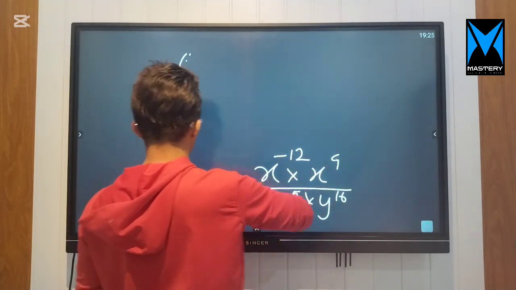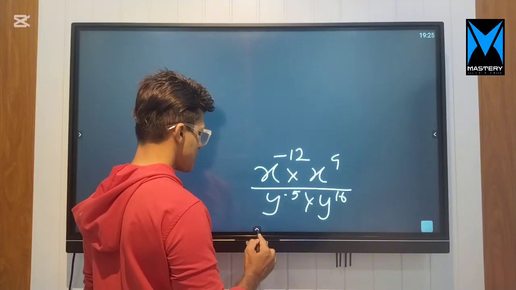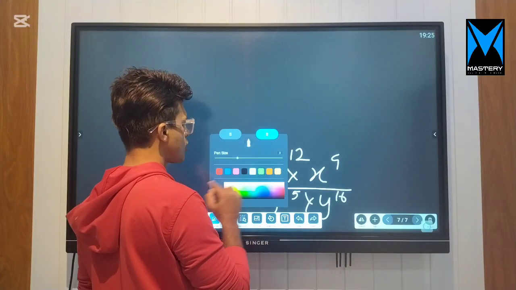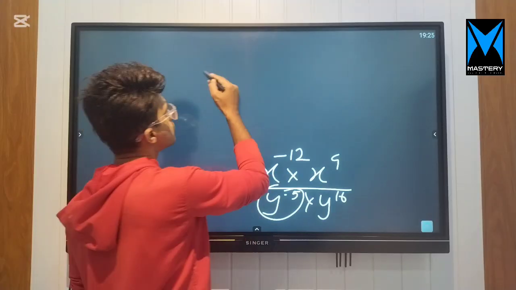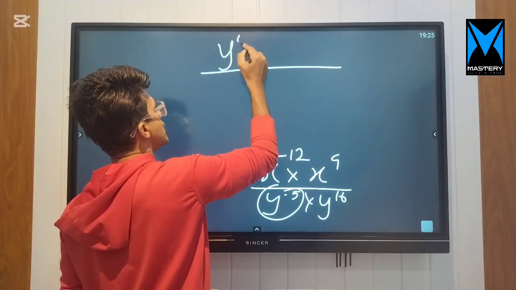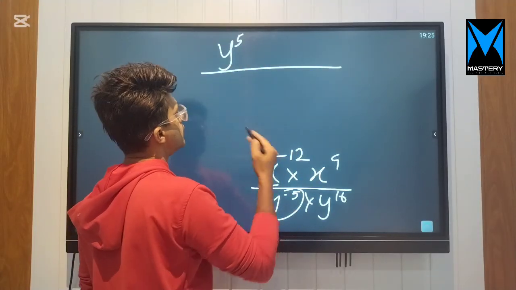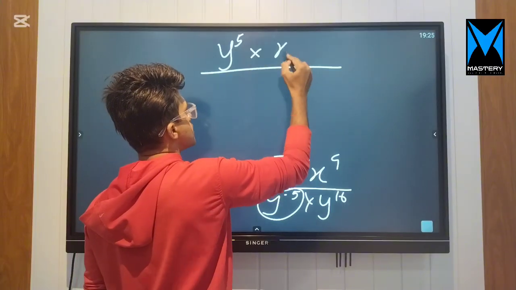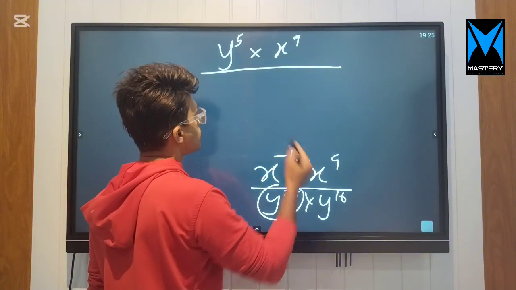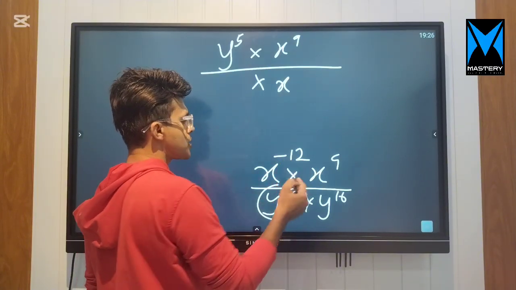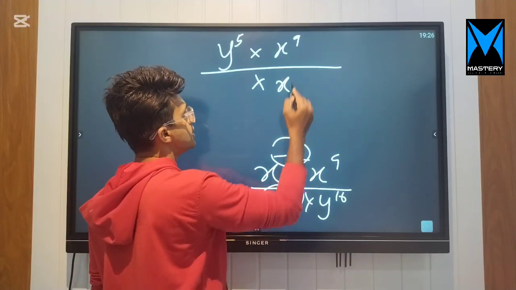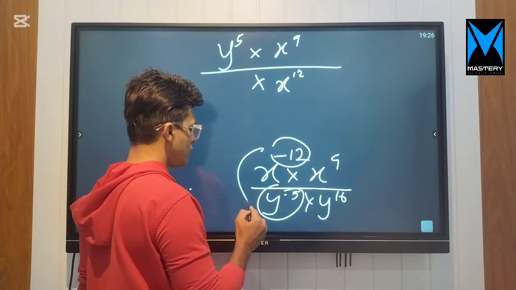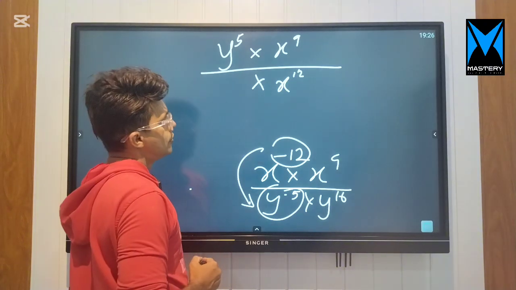Next, generally you know that in indices, negative indices we write as positive indices. This y to the power minus 5 is brought to the numerator, so that becomes y to the power plus 5. This x to the power minus 12 is brought to the denominator, so minus 12 becomes plus 12.